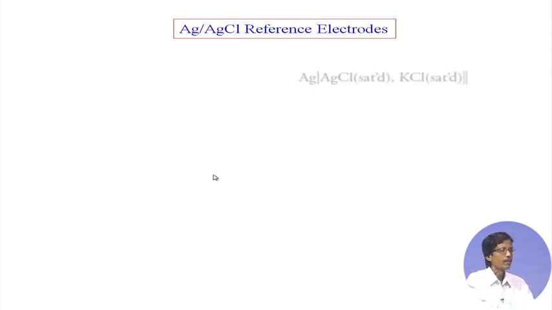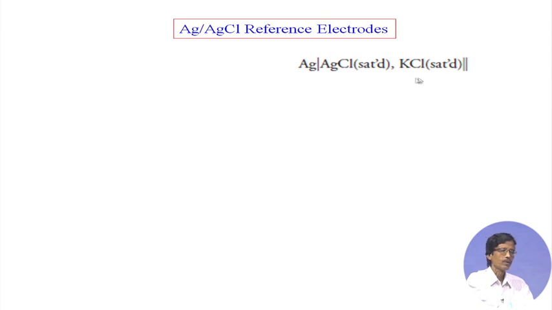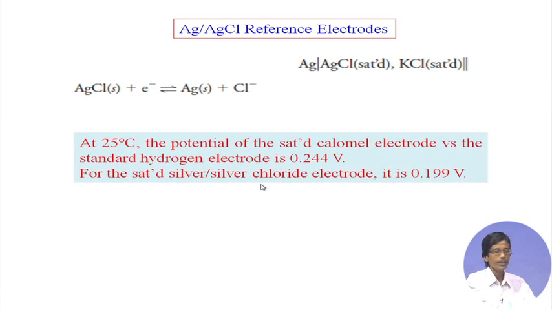Like the calomel electrode, you can have the silver chloride electrode, where we should be able to write down the saturation of the silver chloride, the corresponding saturated KCl solution, and the electrode reaction. What we knew earlier, and discussed in detail in our previous class, is how you go for the reduction of silver ion to silver in the presence of that silver chloride.